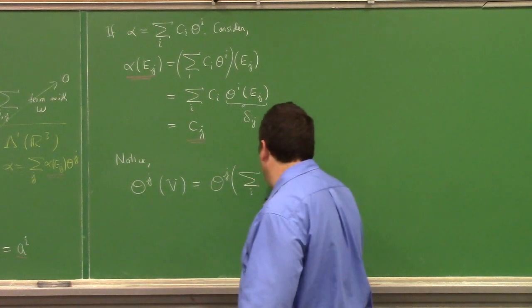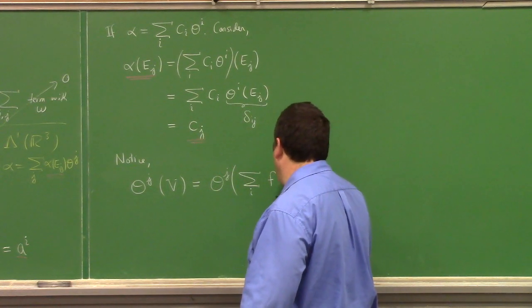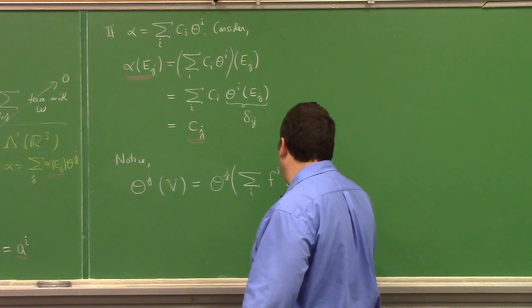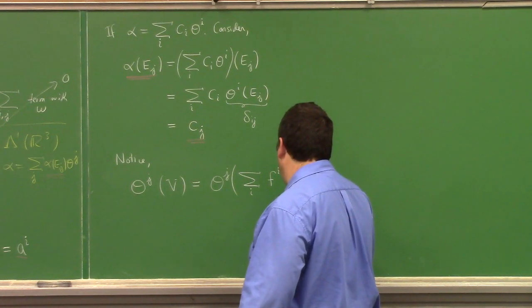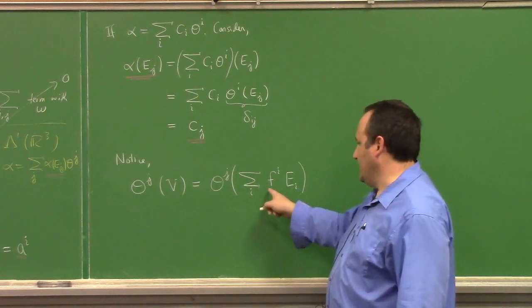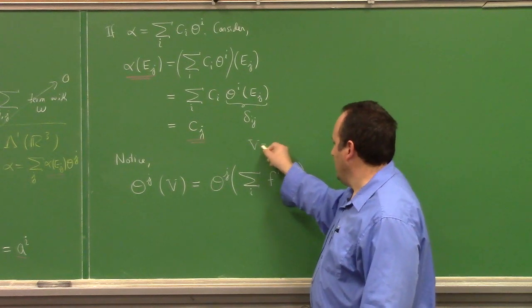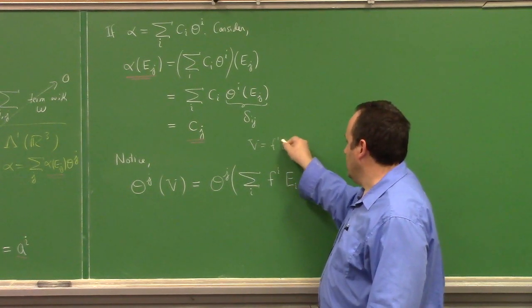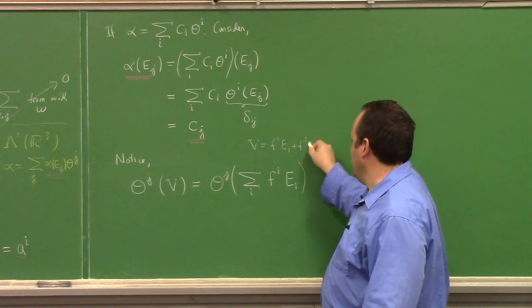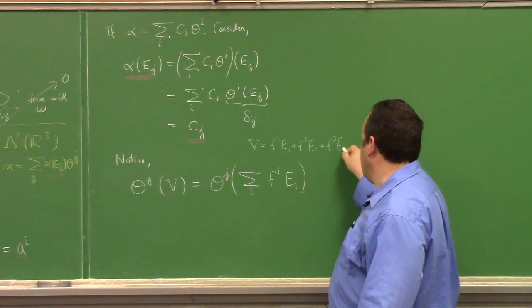But let's suppose that f upper i are the components of v with respect to the e basis. So I'm supposing that v is written as v equals f1 e1 plus f2 e2 plus f3 e3. You see what I'm saying?